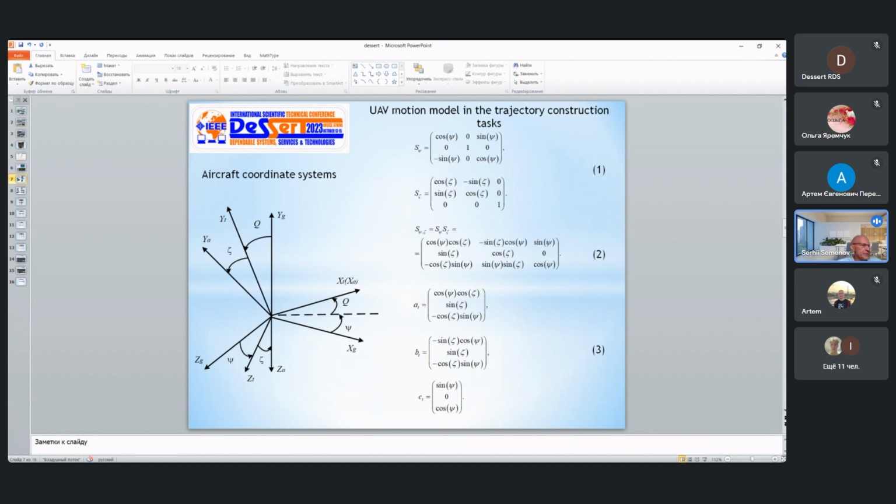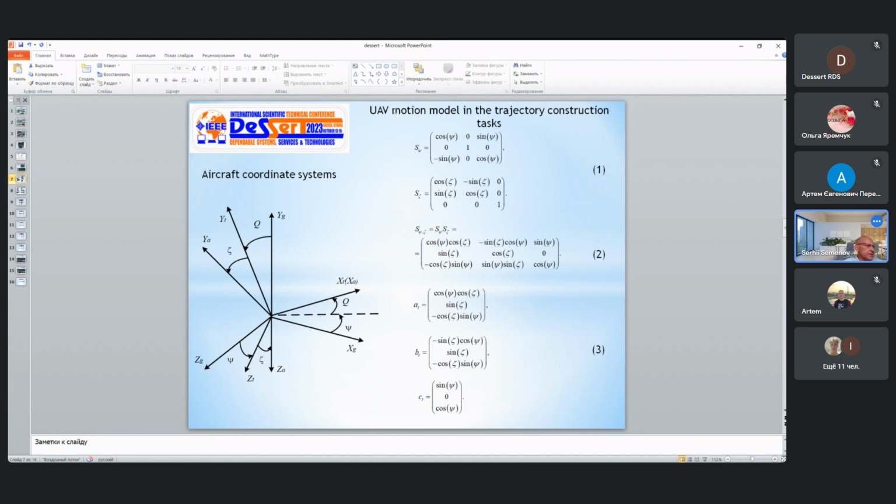For this purpose, let us identify the main parameters describing the position of the UAV in space and affecting the accuracy of its movement when performing a flight task.